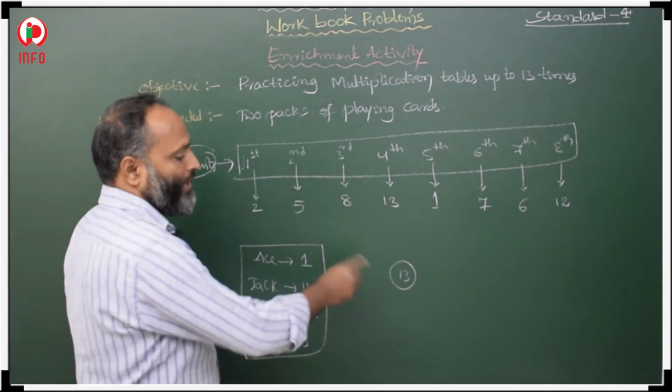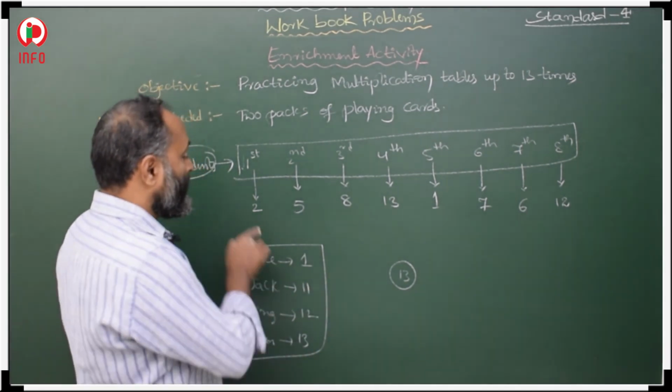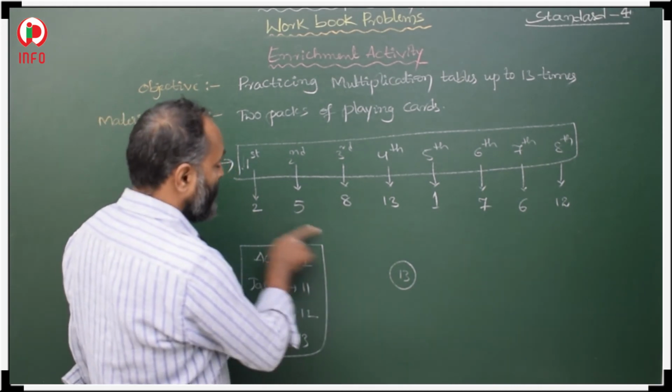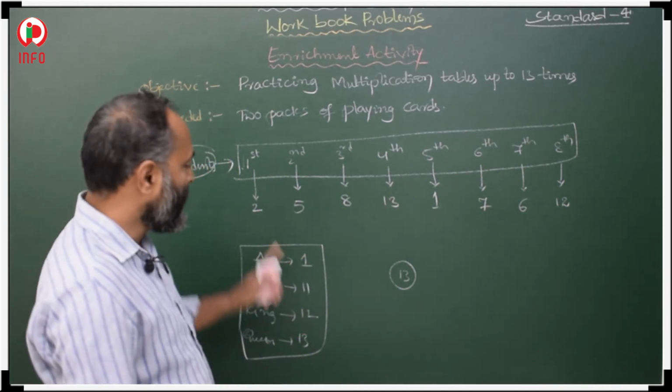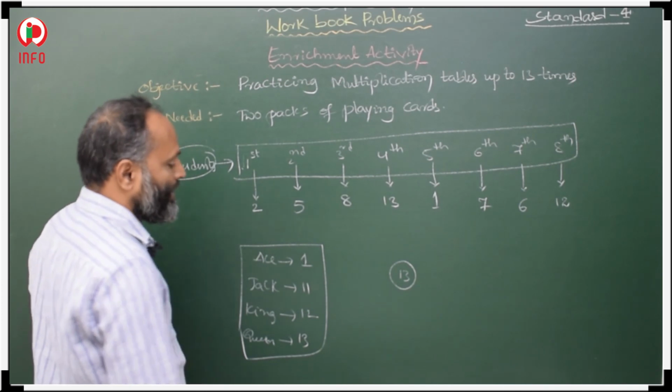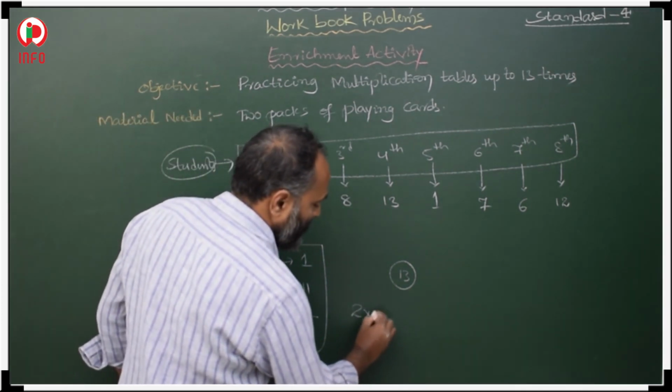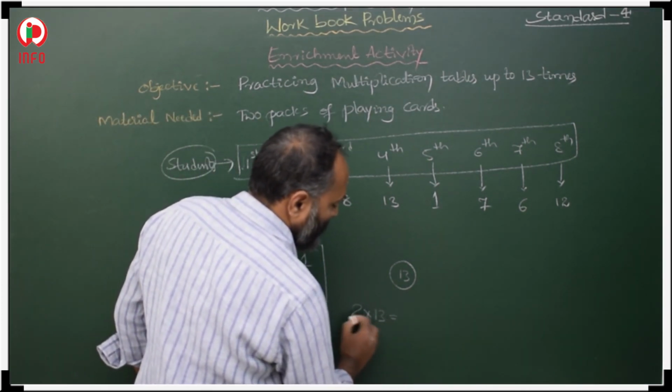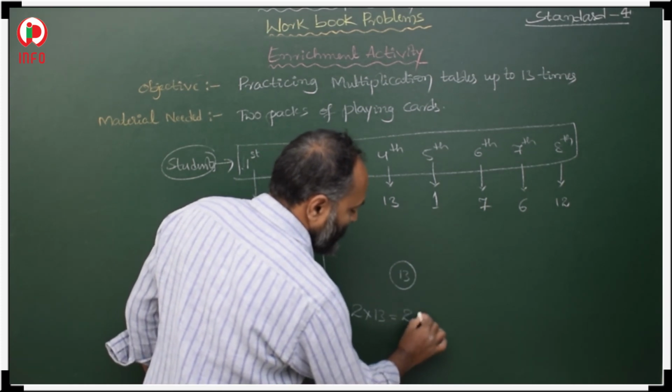It should be 13. Then he should multiply this 13 with his 2. 2 into 13, he has to multiply 2 with 13. 13 2s are 26.